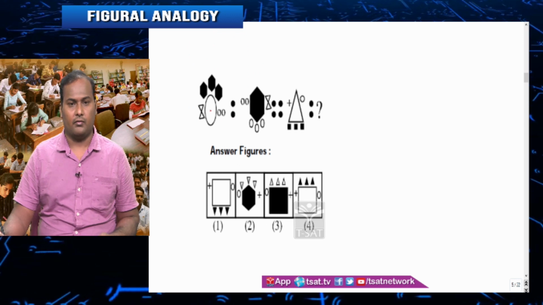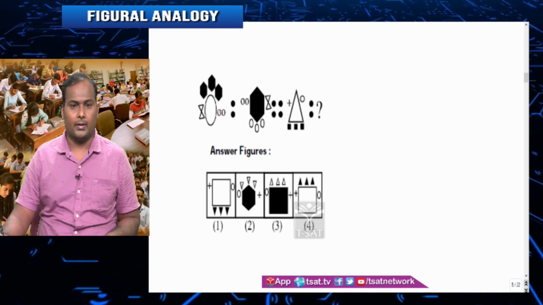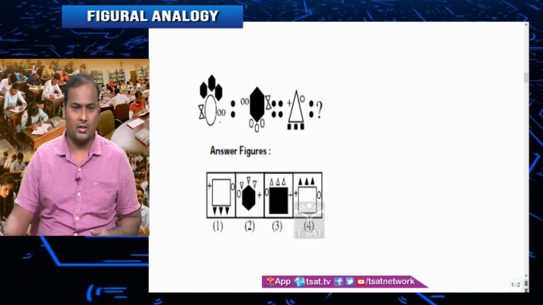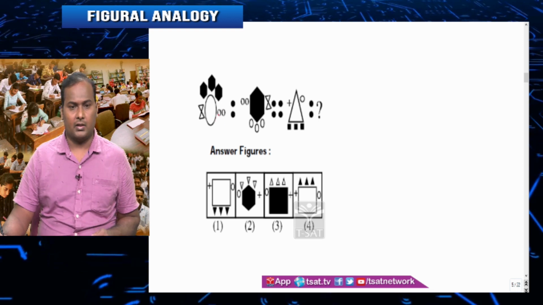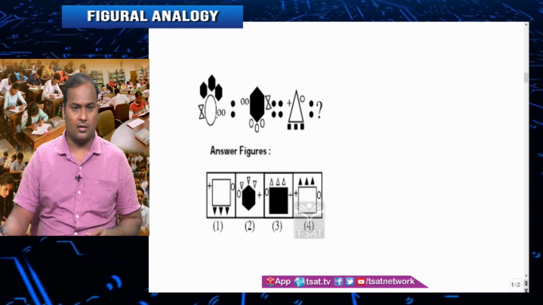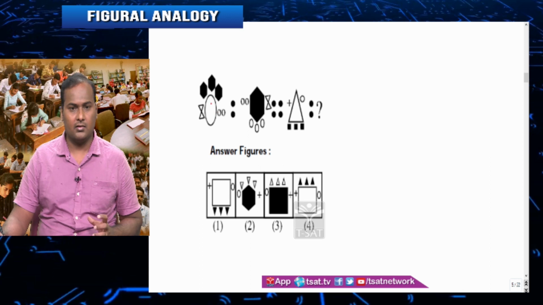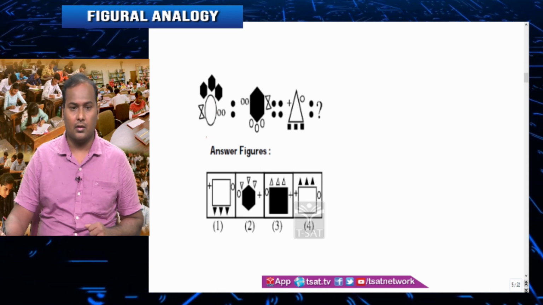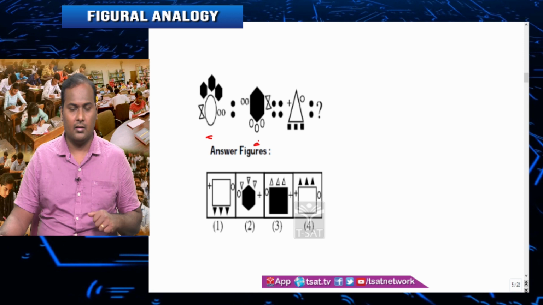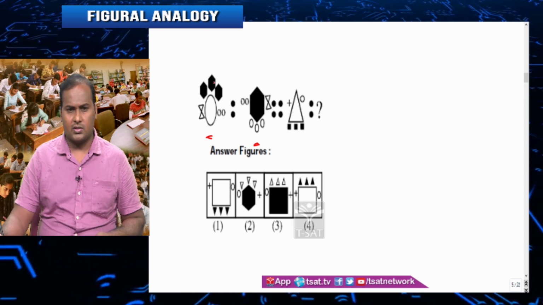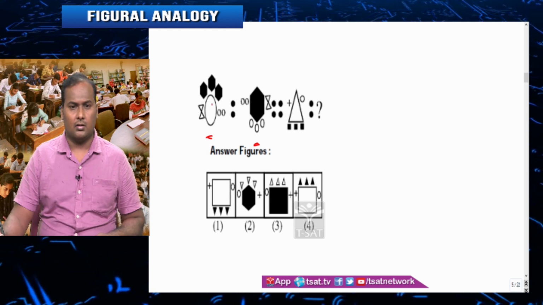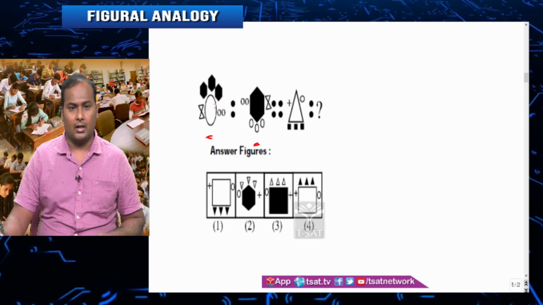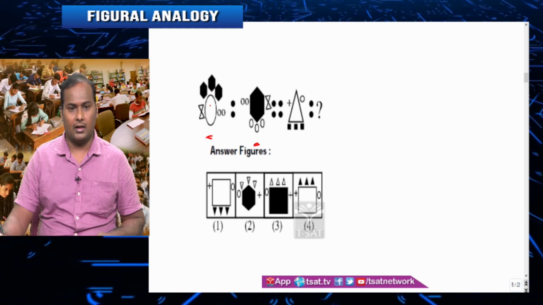In the examination, when you see this question, it looks quite tricky because you have to solve it within 36 seconds. But we need to observe exactly what change is going on between the first figure and the second figure. The first change is the dark and light circles, the dark and light figures.